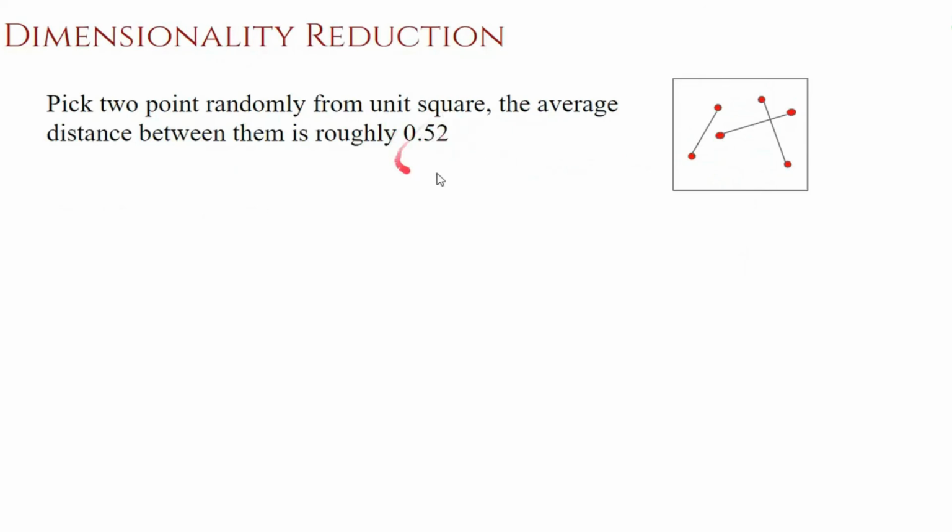This is a mathematical result. The width and height is 1 unit, but the average distance between any 2 points inside this unit square is 0.52 units. Let's extend this to 3 dimensions.